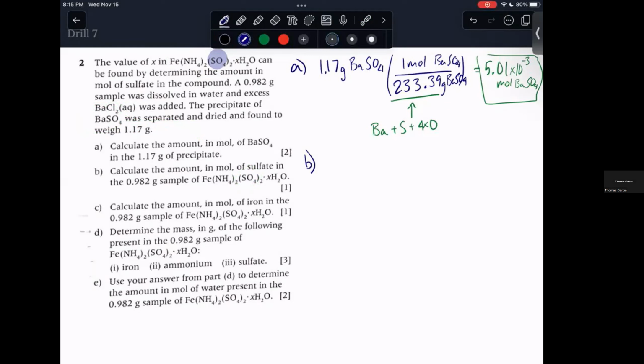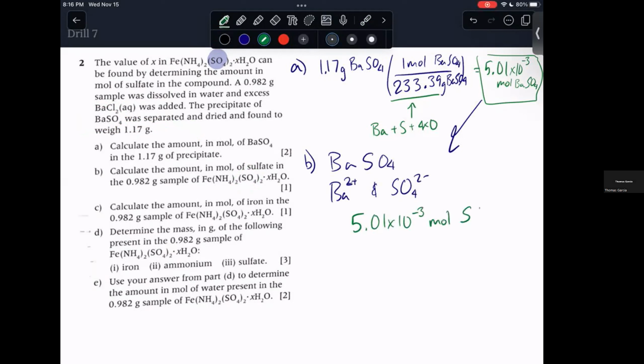And because we can see that barium sulfate is 1 barium 2 plus, and 1 sulfate 2 minus, the moles should be equivalent. So if we have 5.01 times 10 to the negative third moles of barium sulfate, we will have 5.01 times 10 to the negative third mole of sulfate, SO4 2 minus.